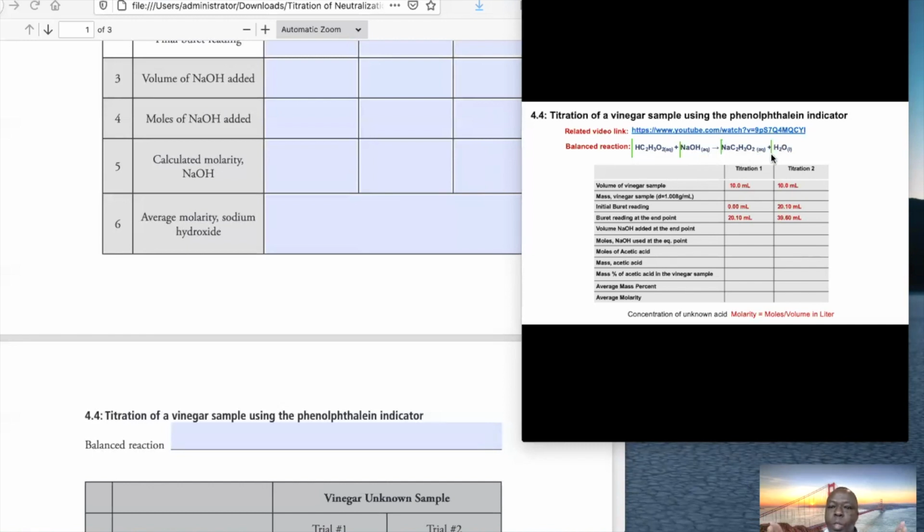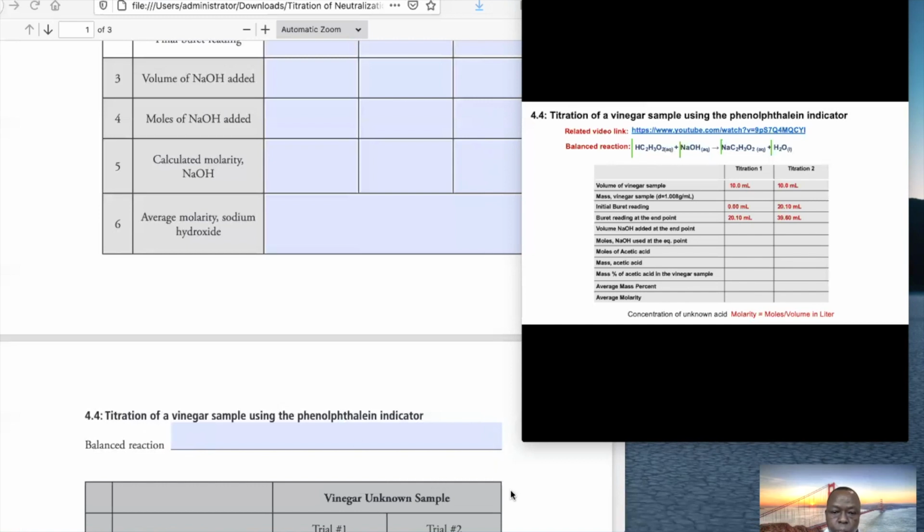The mole ratio is 1 to 1 to 1. This is the equation you need to write at the top of the table on the data sheet. You need to fill that in. It is available in the background procedure in Topaz as well as the PowerPoint slide.